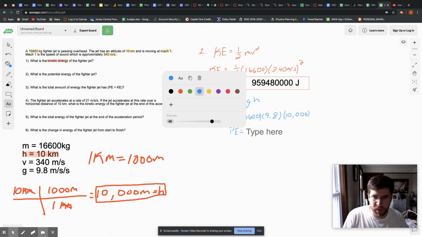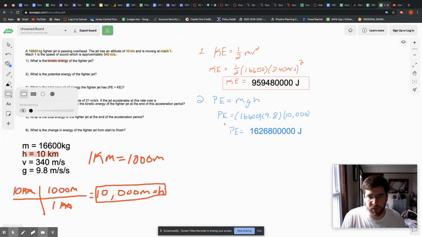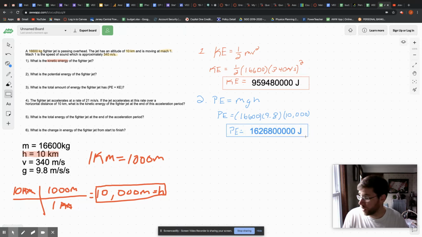And what do we get? Oh, come on, man. 16268, and it looks like 5 zeros. 1, 2, 3, 4, 5 zeros. Joules. All right, so that is our answer for problem number 2.